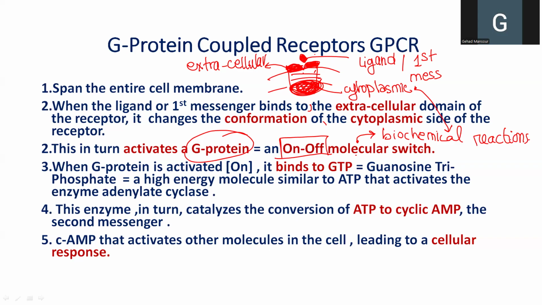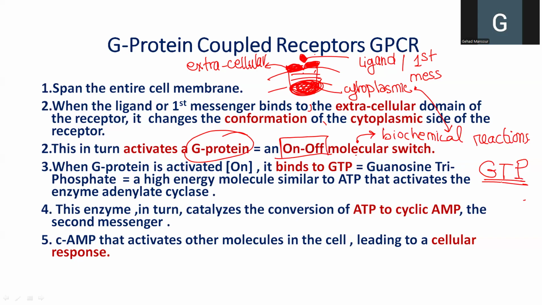And when it is on, it will bind to a molecule called GTP, which is very similar to ATP in the sense that it stores energy. It is a high energy molecule.